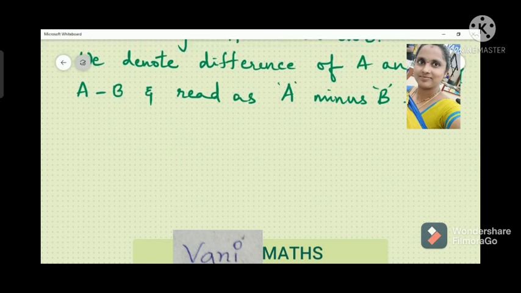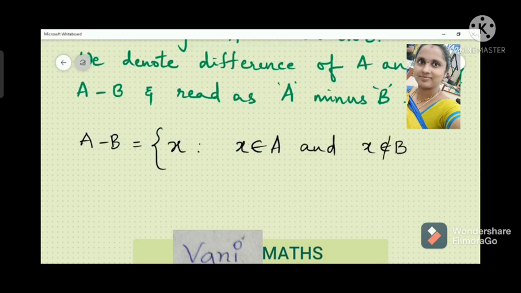So how do we write that in set builder form? A minus B is equal to {x such that x belongs to A and x does not belong to B}.